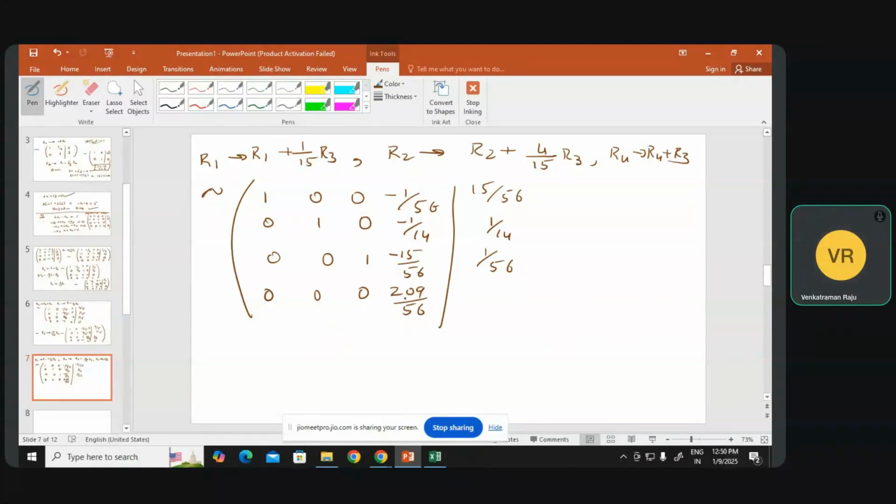Please get this computation. Do it by yourself. So we are ready to now operate on the final column.